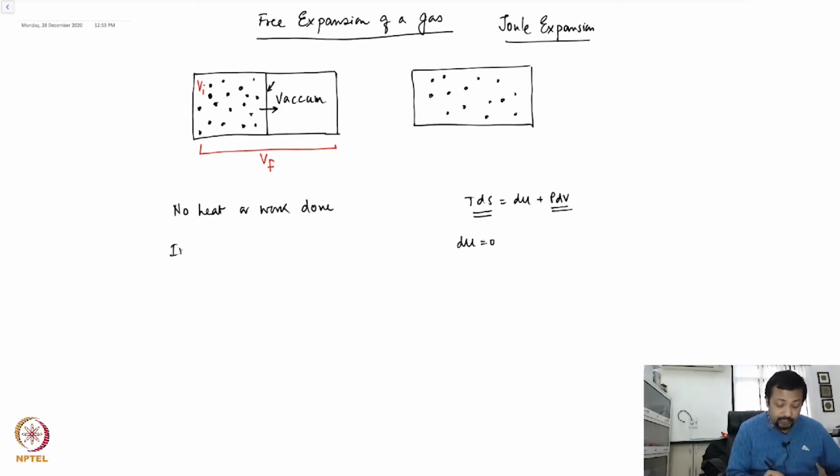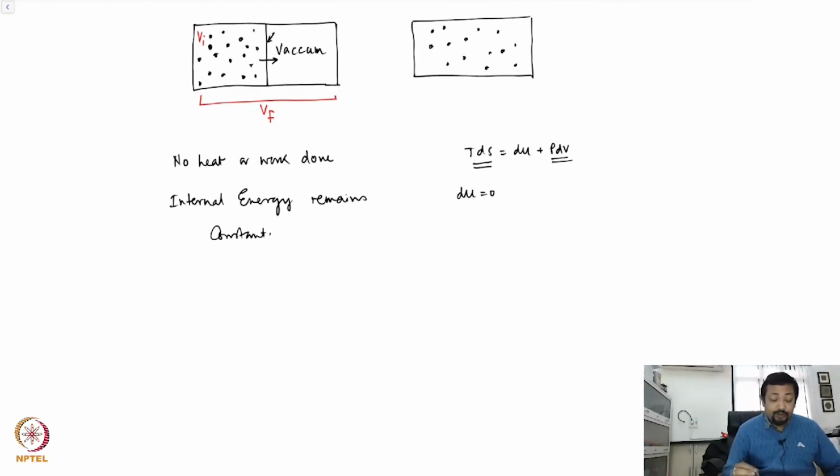So the internal energy remains constant. Now with this constraint, I want to see if there is a change in the temperature. For that, I write dT, an infinitesimal change, as (∂T/∂V) at constant U, N dV.